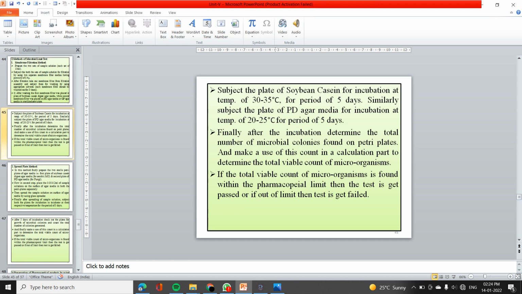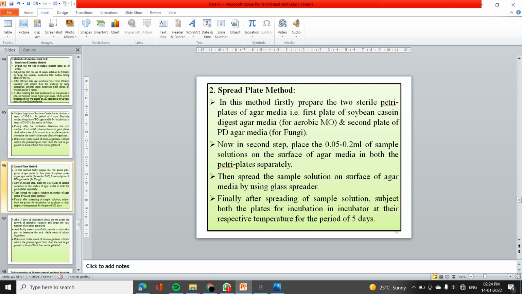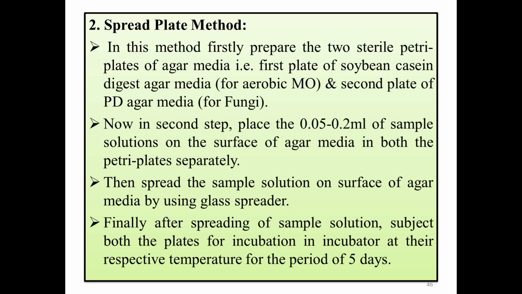So the next method is the spread plate method. In this method, firstly prepare two sterile petri plates of agar media. In the previous method, we used soybean casein media and PD agar media.